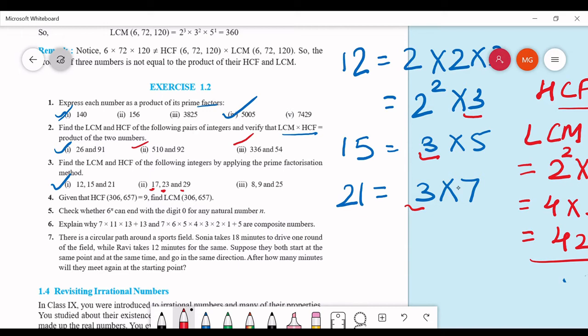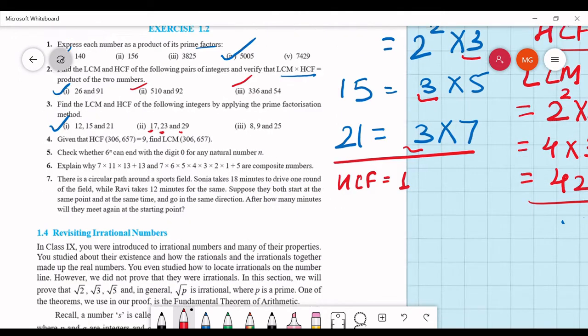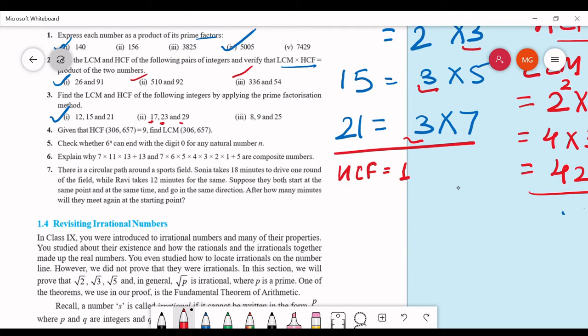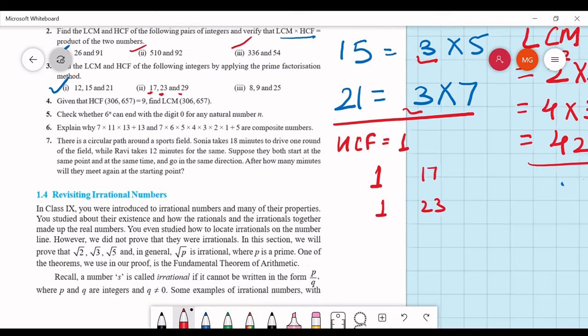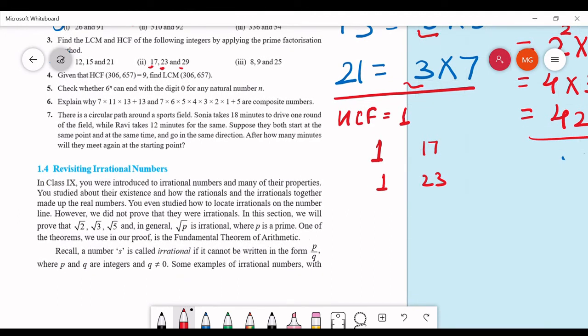So very easily you can write the HCF as 1, right? Why? Because you know that if it is a prime number, it will have the factors 1 and the number itself. So for 17 it will be 1 and 17, for 23 1 and 23, and for 29 1 and 29, right?